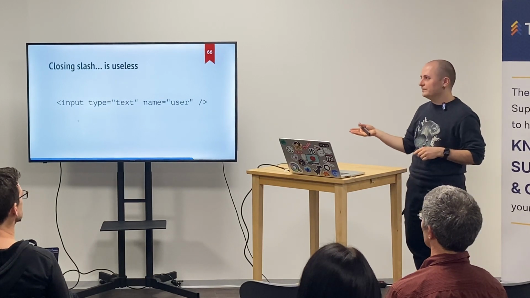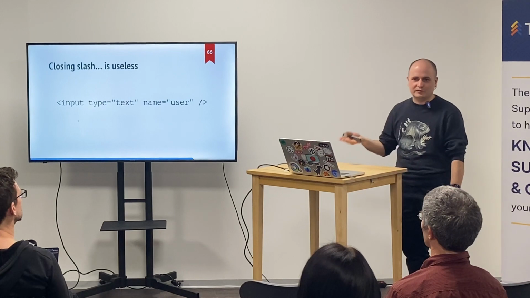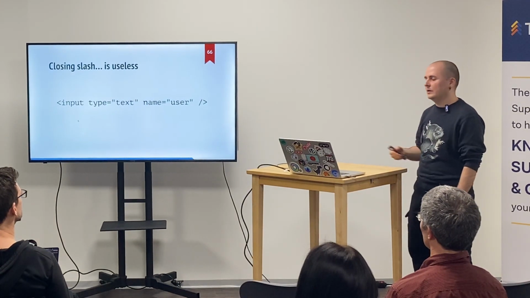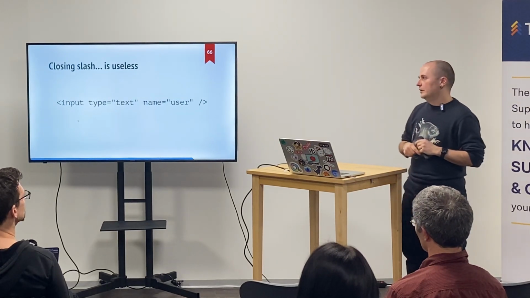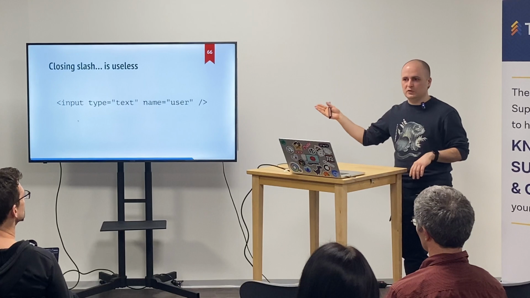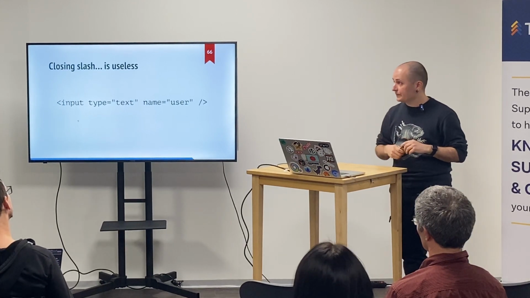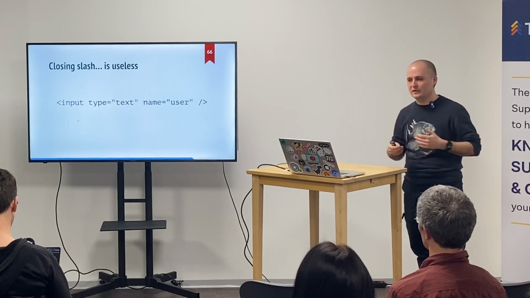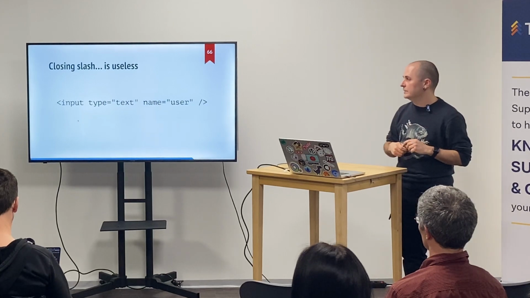So this is a useless pile of slashes in your code. If you have minification tools working on the output of your application code, remove those. You don't need them. It's fine to have them in your source code. Truly useless, because all browsers have the same HTML parser, and they don't care about these slashes.